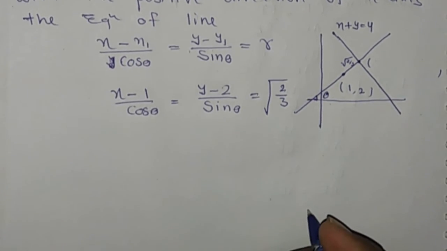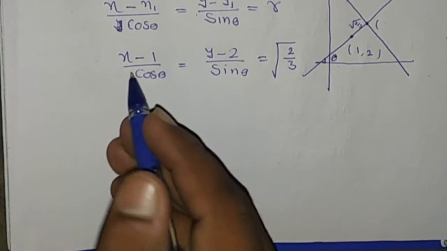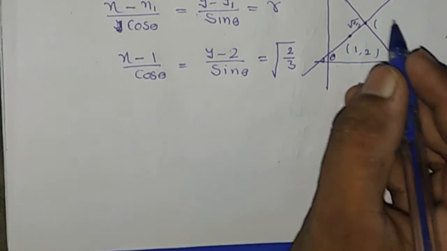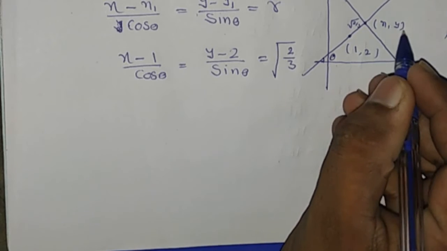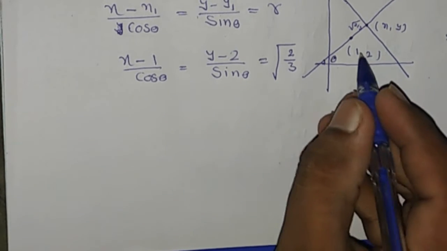Now find the value of x and y. It is x, y. It is x1, y1.